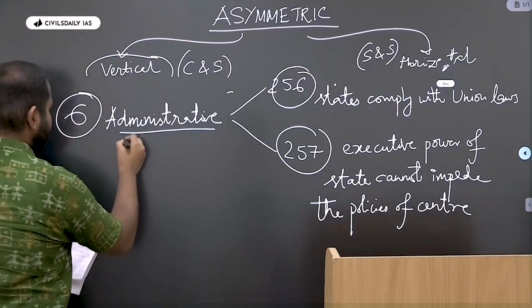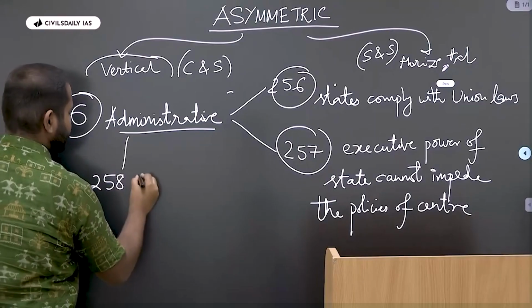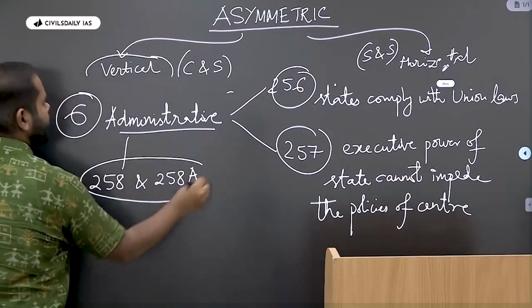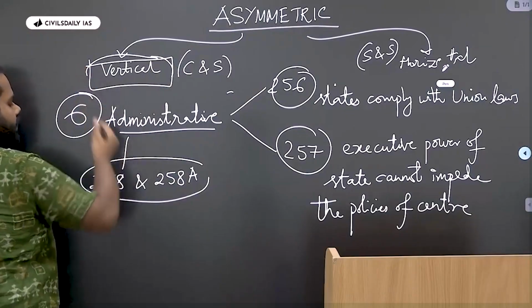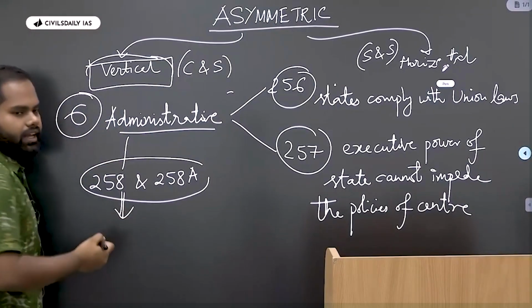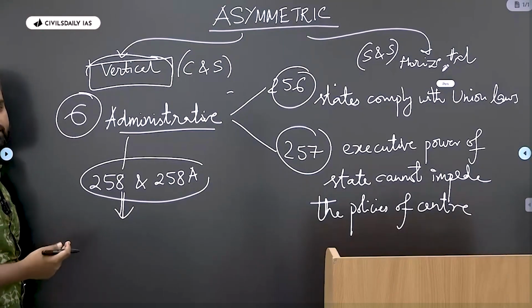And there are another 2 articles following this, 258 and 258A, that also are symbolic of the vertical asymmetry we have. Not very common, but we tend to miss this.